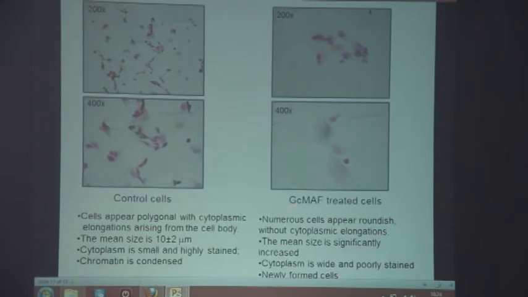We thought that these are newly formed cells. We have to observe that this kind of cell is present also in the control cells, but the difference is that in GcMAF-treated cells, the number of these big cells increases.